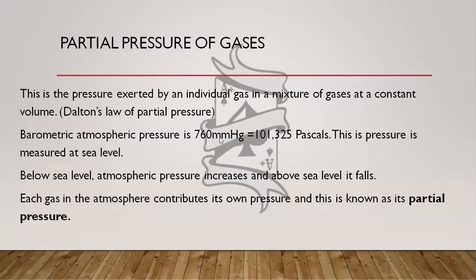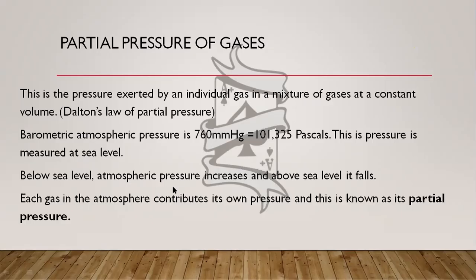But this 760 millimeters of mercury is very important to know. And this 101,000 pascals is important to know, because this is the barometric atmospheric pressure. This is the pressure of air that acts on us at sea level, right? At sea level. Below sea level, atmospheric pressure increases.